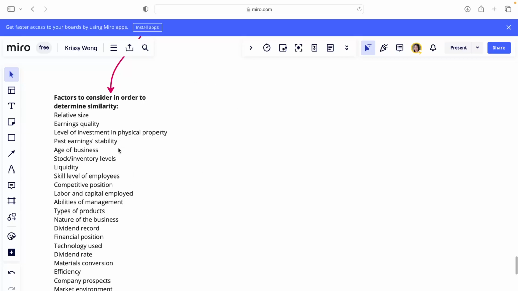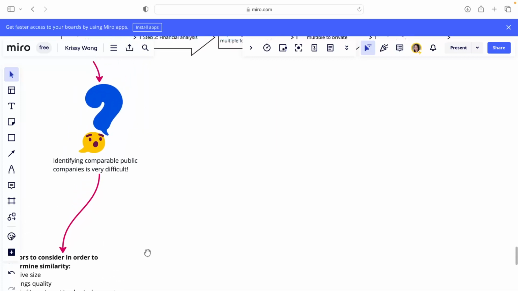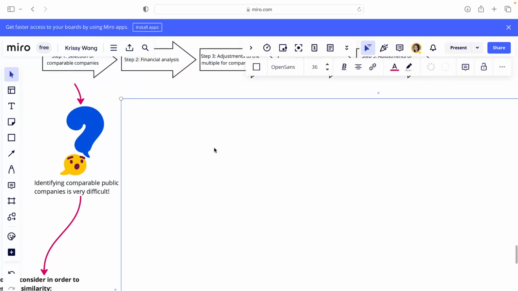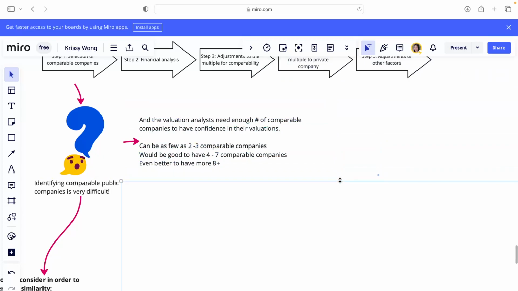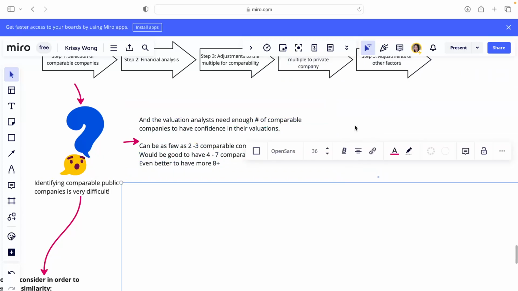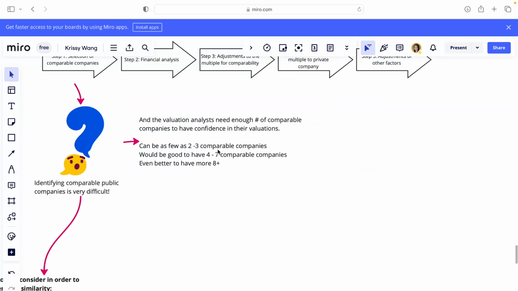And as if this is not enough, you also have to have a sufficient sample, right? As we all learned in math class or stats class, the more supporting evidence you can find, the more reliable the conclusion could be. So valuation analysts need to have enough comparable companies to have confidence in their valuation.